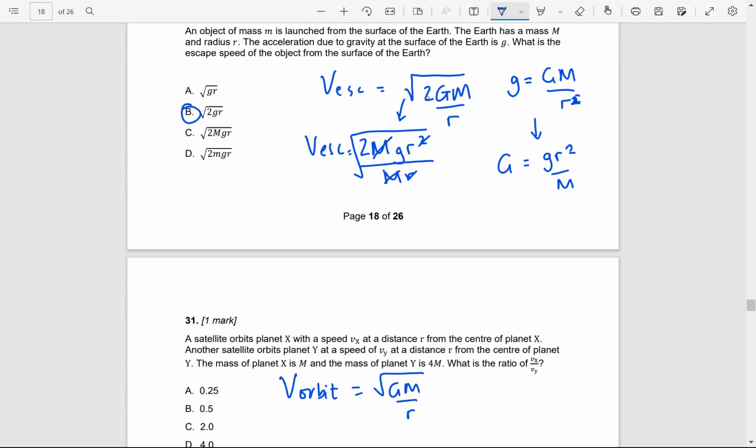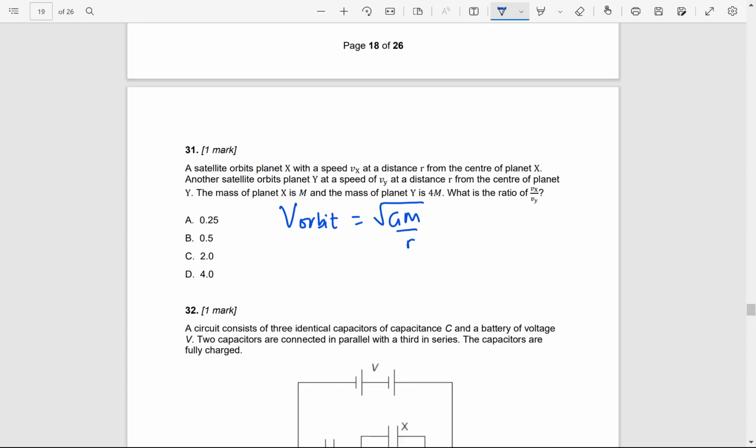In the previous question, the escape speed is root 2GM over r, so it's a factor of root 2 bigger than the orbit speed. So v escape equals root 2 times v orbit.